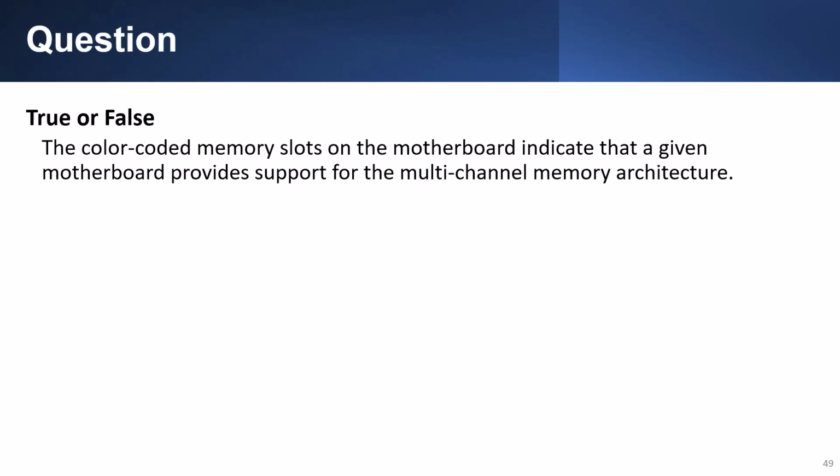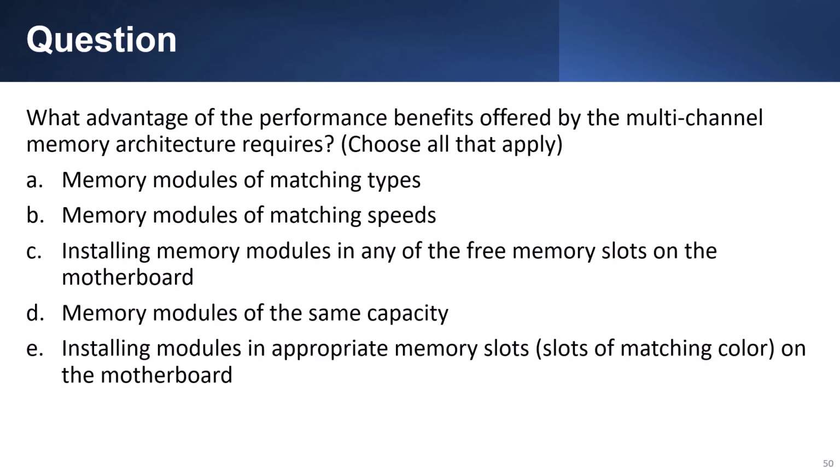Question: true or false? The color coded memory slots on the motherboard indicate that a given motherboard provides support for the multi channel memory architecture. Answer: true. Question: what does the performance benefit offered by multi channel memory architecture require?